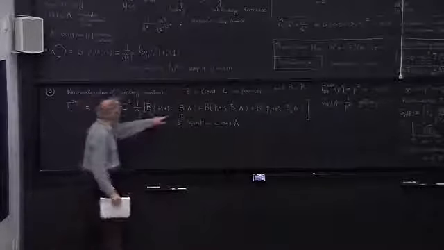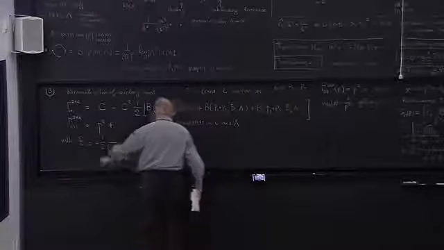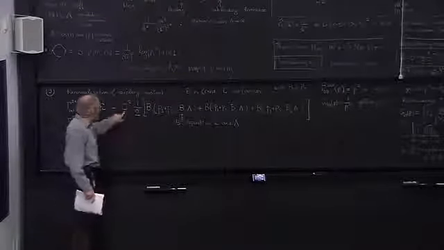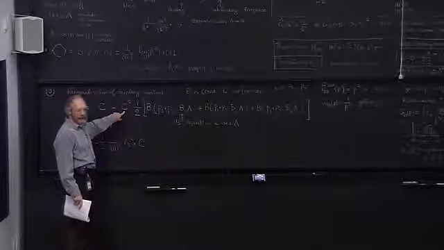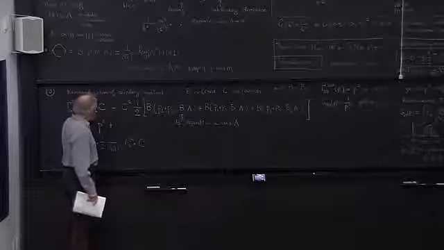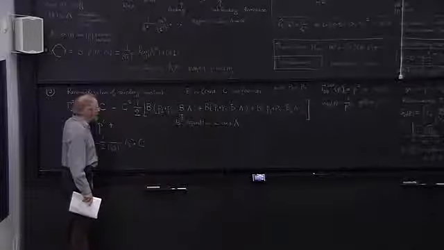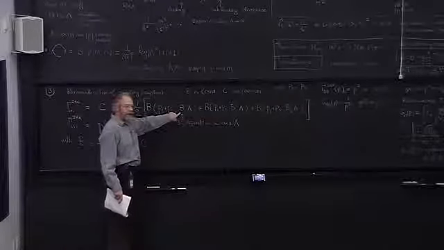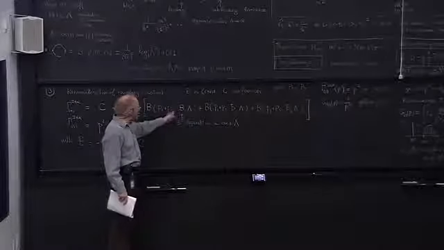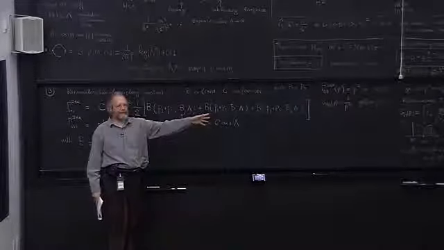But B appears only here. But you see, B is of order C. This term is already of order C squared. So if you consider that this is an expansion in C, you can replace B by 0 because the correction will be of order C cubed.